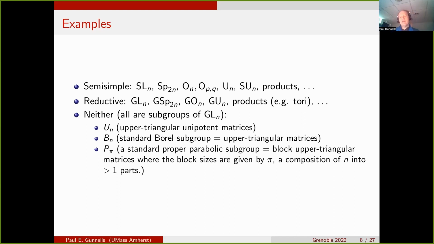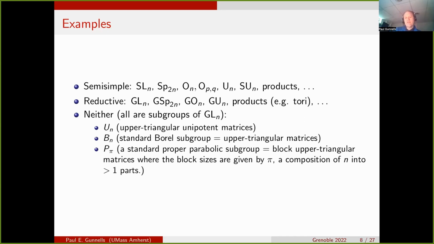What this means is that you take the matrices that don't preserve the alternating bilinear form, but they preserve it up to multiplication by some scalar. So the analog of having a general determinant is now replaced by, you don't have to take that bilinear form into itself, but you have to preserve it up to some scalar. And then you have similar things for the orthogonal group and unitary group.